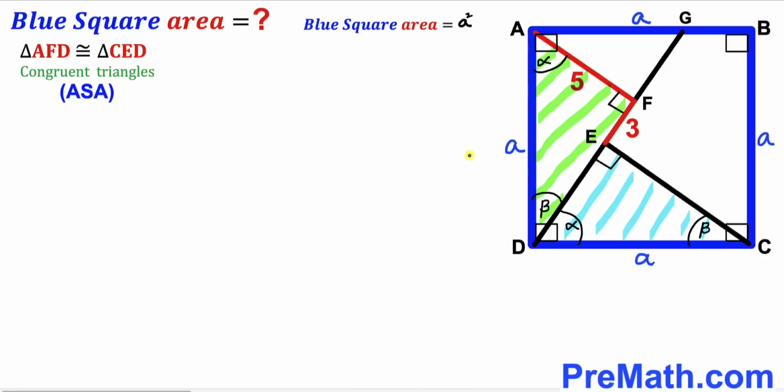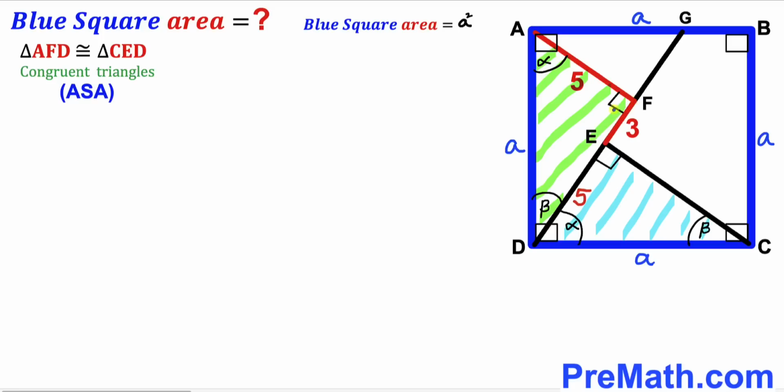Since these two triangles are congruent, the corresponding sides AF and DE are congruent as well. We know our AF segment length is 5, so this DE segment length is going to be 5 units as well. Now let's make an observation.